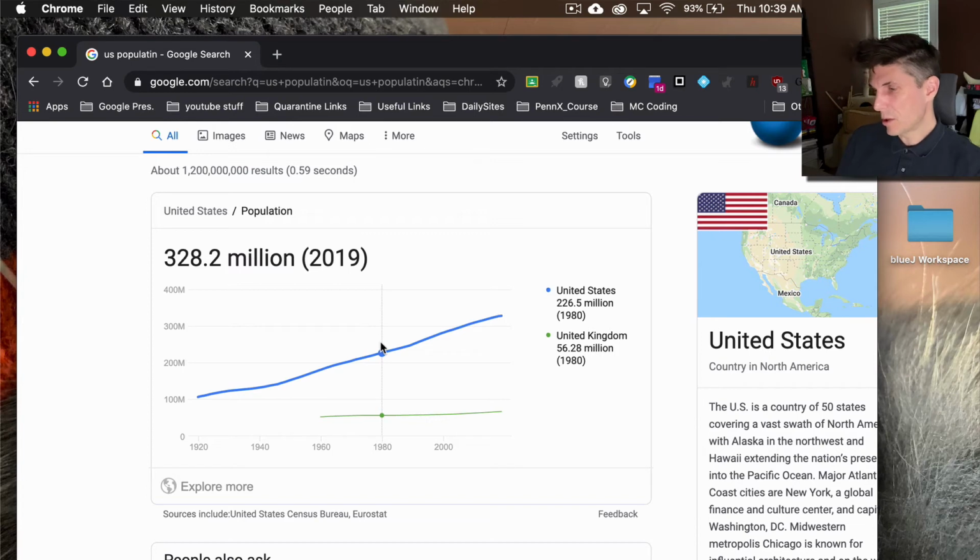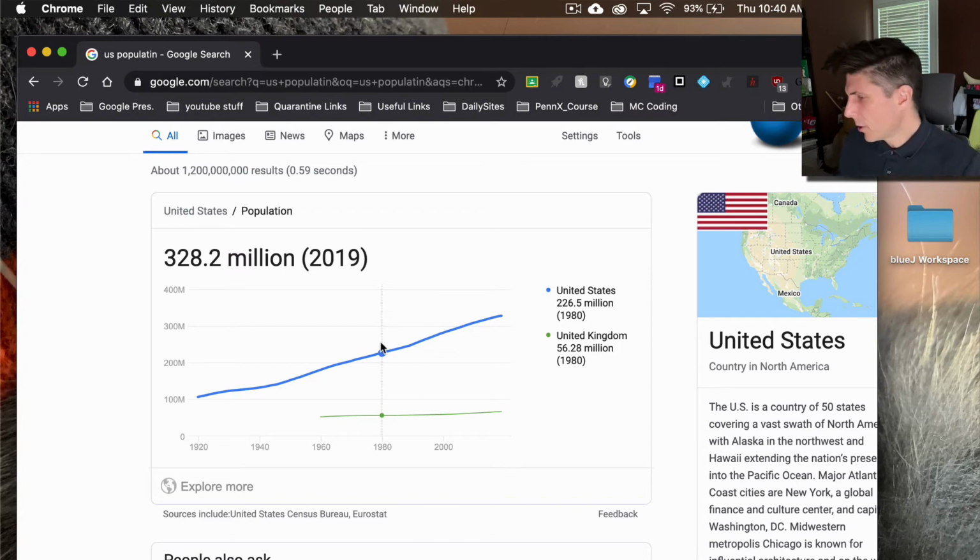That y-axis is going from 100 to 300, or 100 to 400 million, crammed in that space. So yeah, it's easy to see that as being linear.